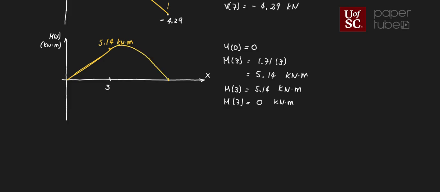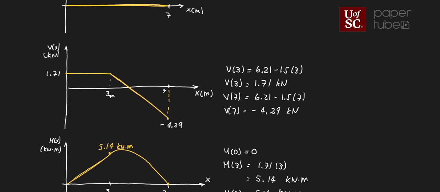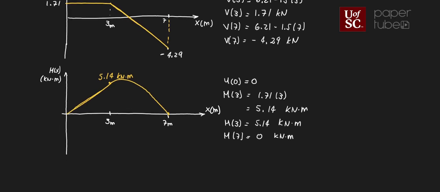Okay, where this is 3 meters, 7 meters. I guess we don't need the meters, we put it here on the axis. All right, so now this graph is actually describing all the moment along the length of that beam, and now this can actually be used for design.